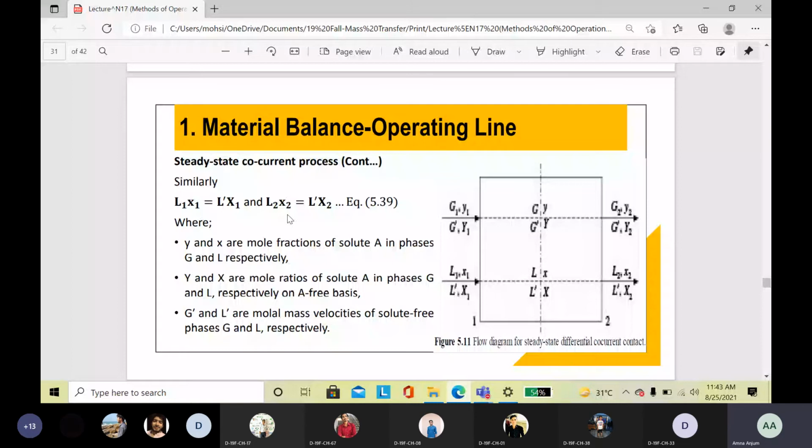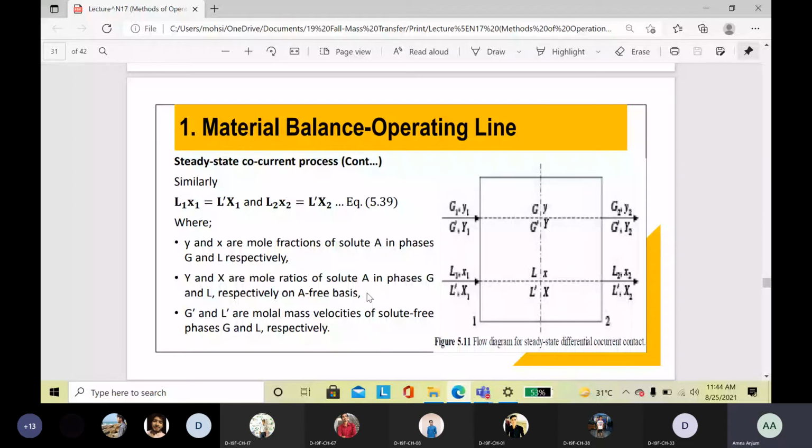Y and X are हमारे पास मोल ratios हैं of solute A in phases G and L respectively on a component A free basis.